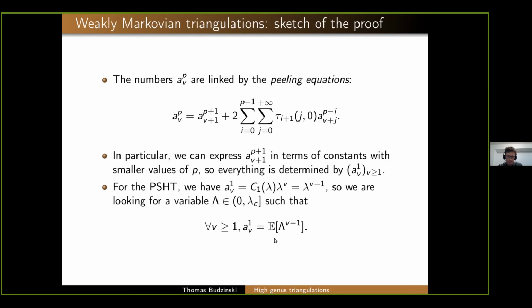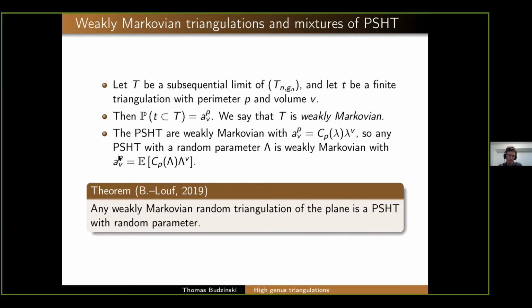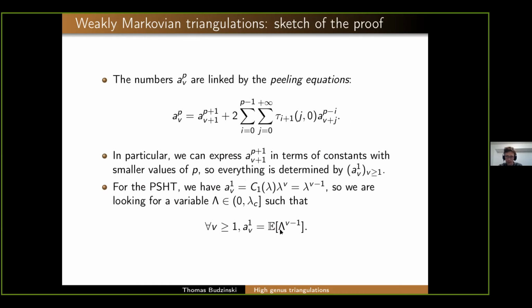But then, for a mixture of Pschit, for this A1V, this C1 just becomes a constant. So we get that these have to be the moments of a random variable. So we have to prove that for any weakly Markovian triangulation, these A1V are the moments of some random variable.